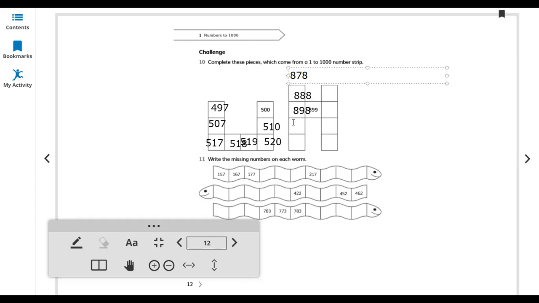After this 998. No, sorry, 898. We are not moving 100.